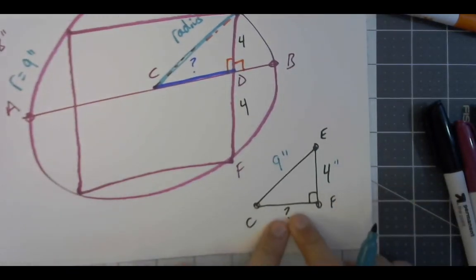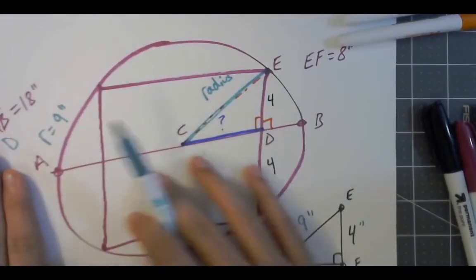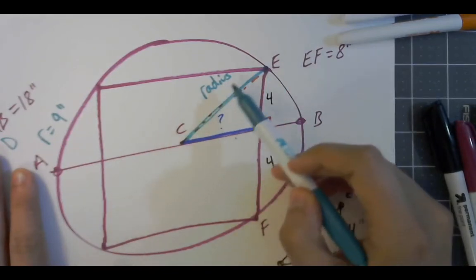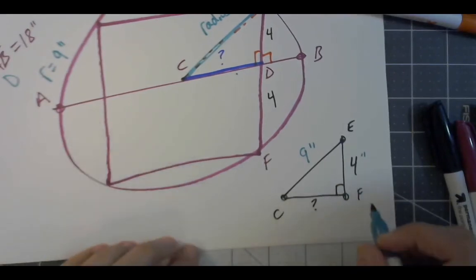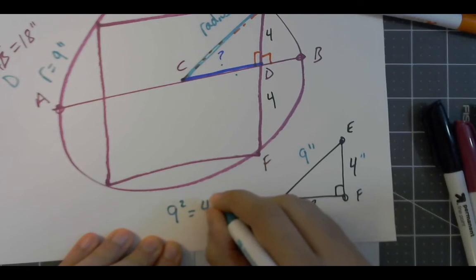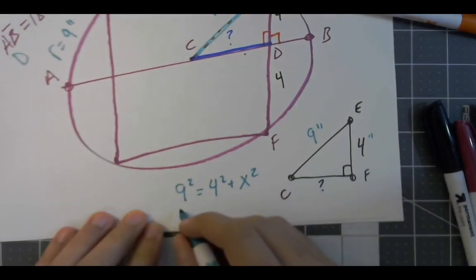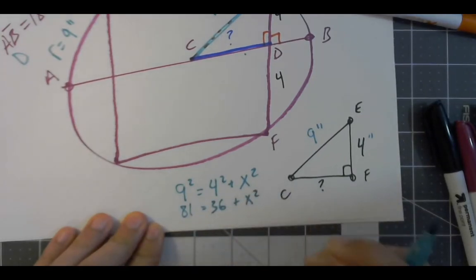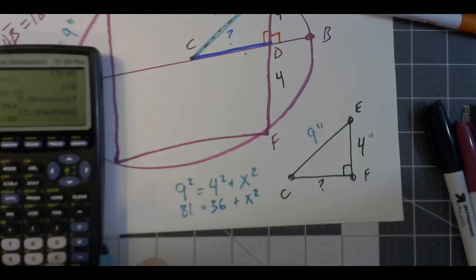Now all I have left is a small right triangle that I'm going to solve. I have all this stuff that I'm not going to use. I wanted to find this distance, so I had to find the pieces that I need to get here. Now to solve this, I have my hypotenuse, which is 9 squared, equals 4 squared, plus, let's call it x squared. That's 81, 36, x squared. I need 81 minus 36.